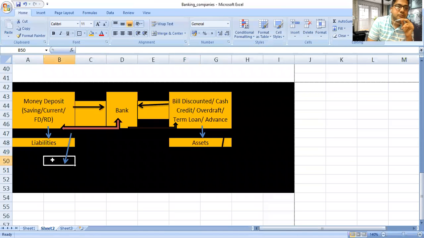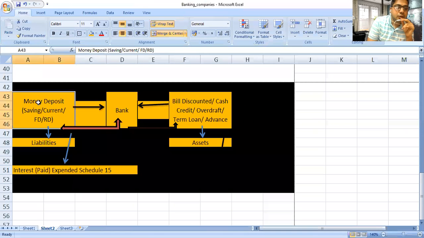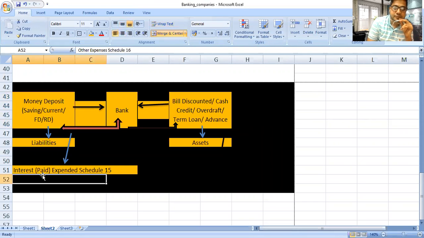Now friends, if I deposit in a particular bank, I will get interest from the bank. So the bank pays interest.